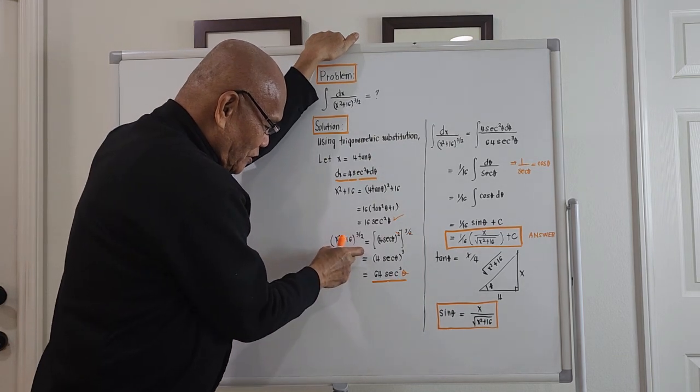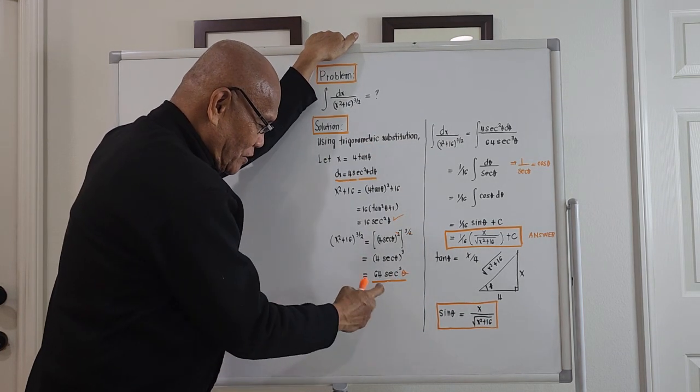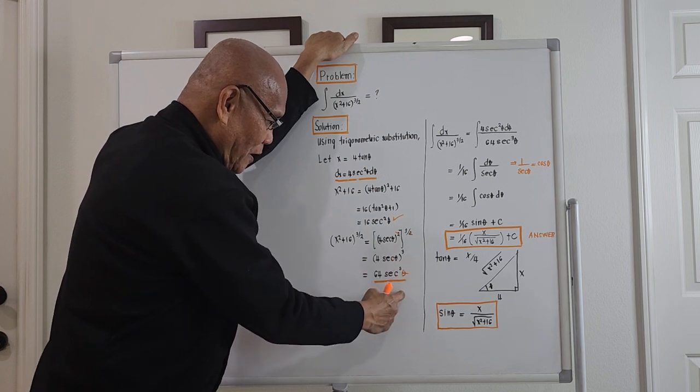Meaning the equivalent of the original denominator is 64 secant cube of theta.